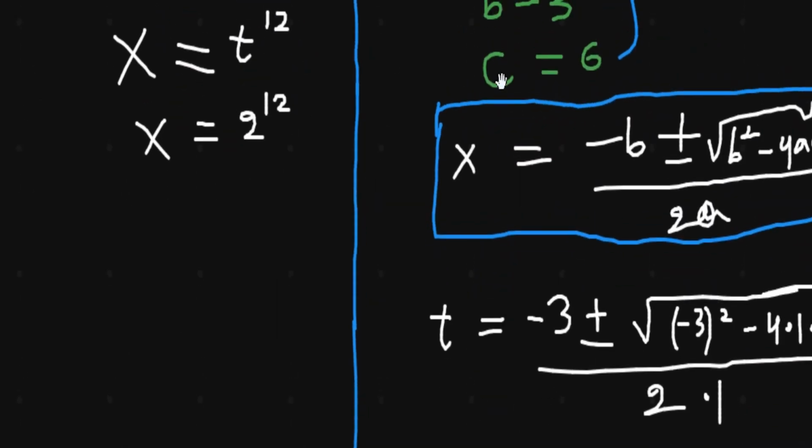So we can write x is equals to, the value for 2 power 12 is 4096, right? 4096. So here we got the value for x, that is 4096.